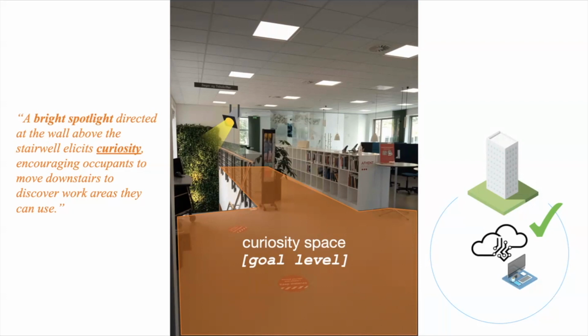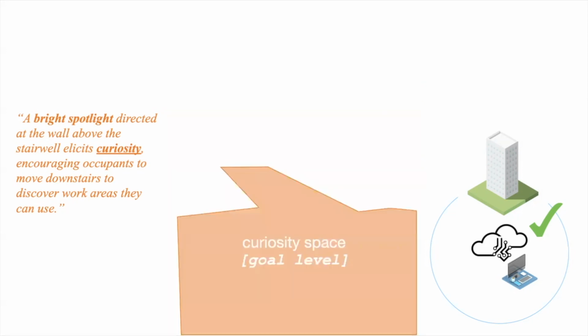And it means if a person is standing in that region, they feel a sense of curiosity. And it's really modeled as an object, just like walls, doors. The difference is that, unlike walls and doors, it's an indirect object. I need to derive its existence based on other things in the environment.